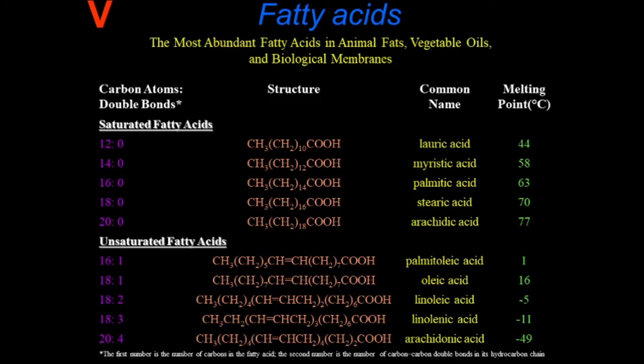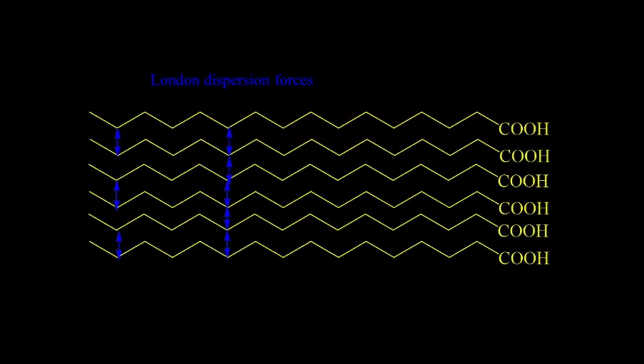Why does this happen? Saturated fatty acids are solids at room temperature because the regular nature of the hydrocarbon chains allows their molecules to pack together in close parallel alignment. When packed in this manner, the attractive interactions between adjacent hydrocarbon chains, London dispersion forces, are maximized.